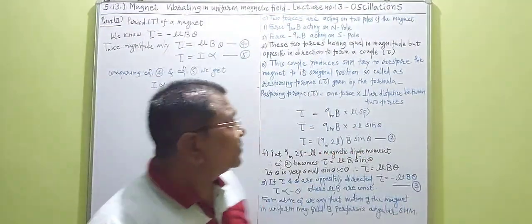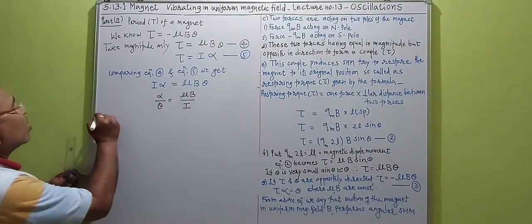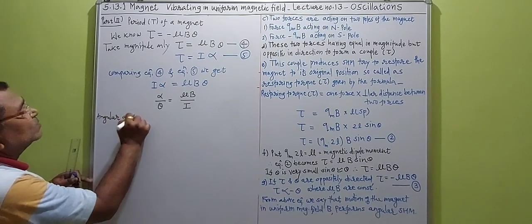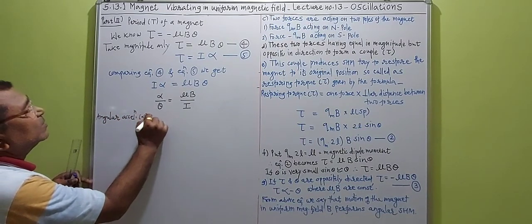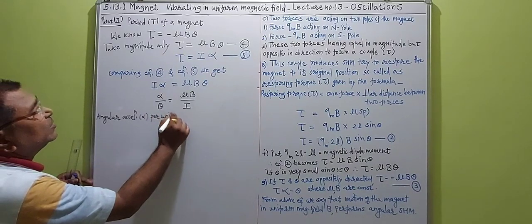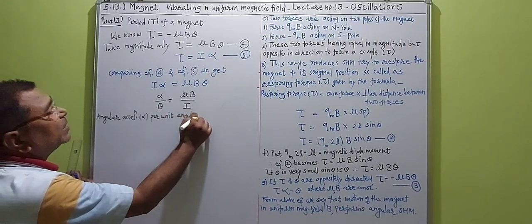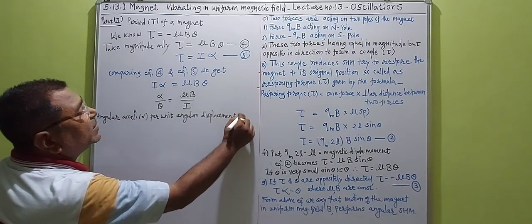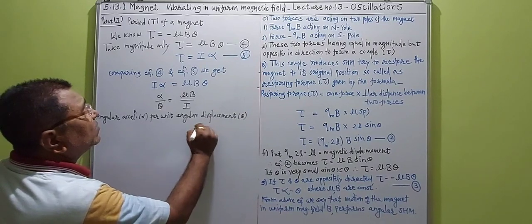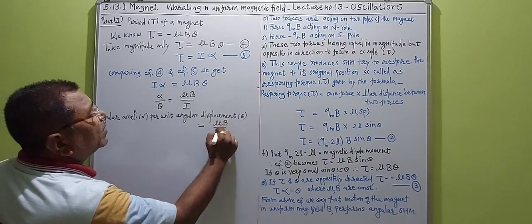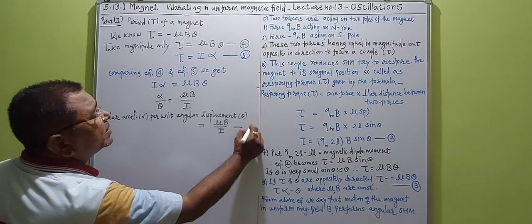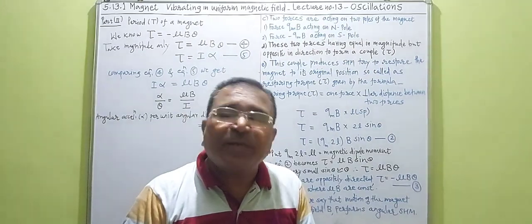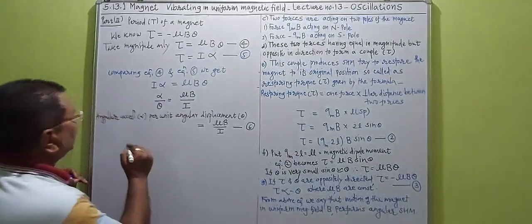So we will write here: angular acceleration alpha per unit angular displacement theta is equal to mu B upon capital I. This is equation 6. So we know the period of angular SHM, that general formula we write.